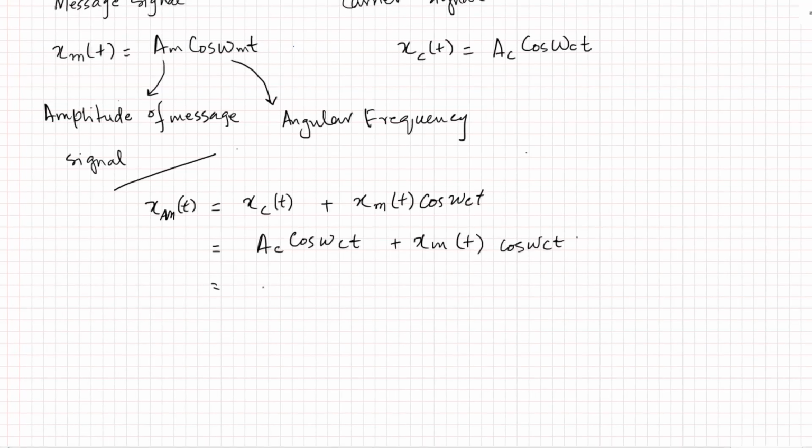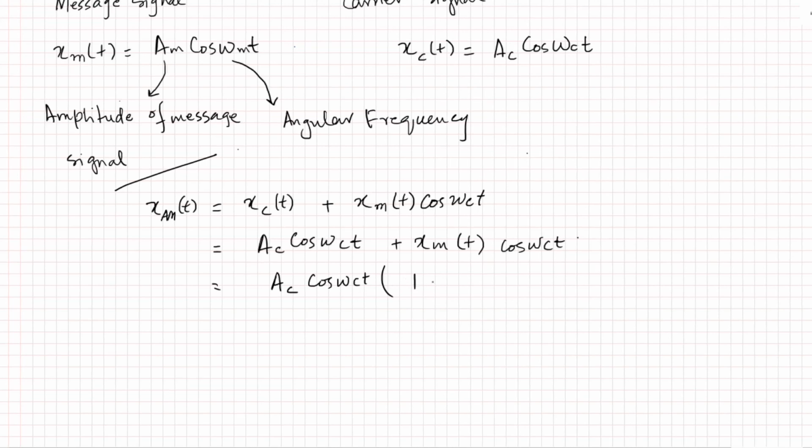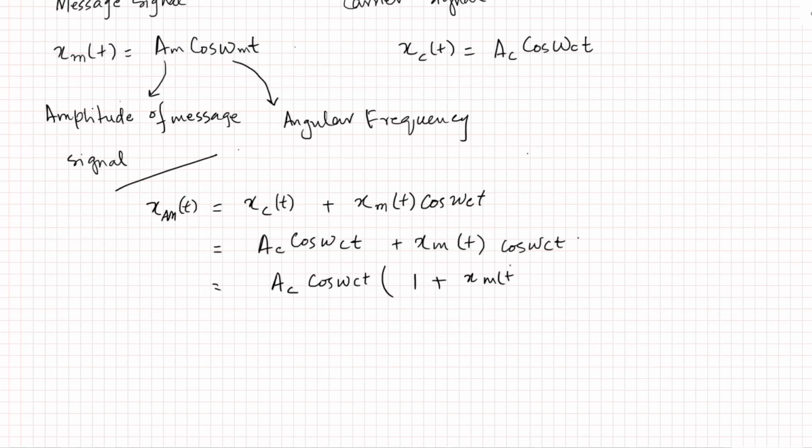So here we take A_c cos(omega_c t) common from both terms, and we get x_m(t) divided by A_c plus 1.